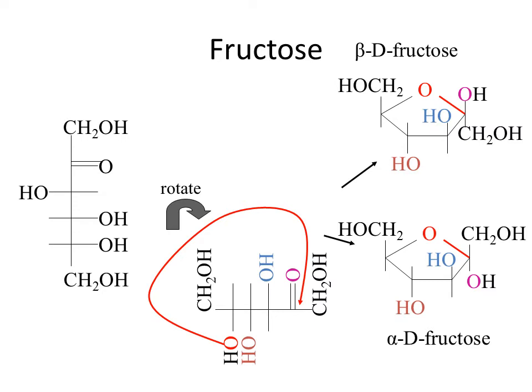It can't go away, but we look at the orientation of the hydroxyl group to determine whether it's alpha or beta. You can see that the alpha fructose has a hydroxyl group down, just like the alpha glucose did, and the beta fructose has a hydroxyl group up, just as the beta glucose did.